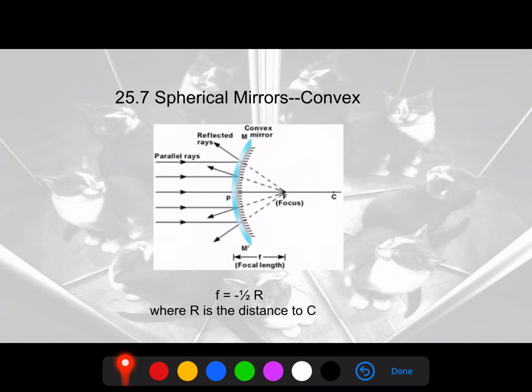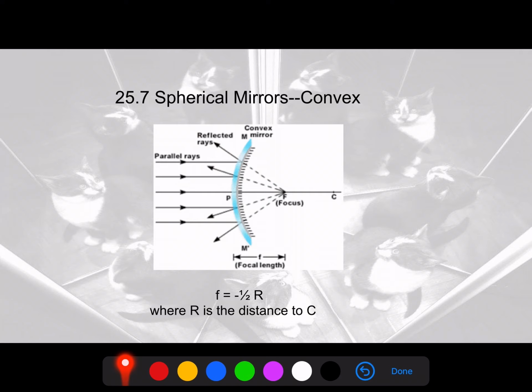Now what about a convex mirror? If I do the same thing and I have these parallel rays coming in and being reflected back off as per the law of reflection, again, if I draw a little tangent here and a normal to that, and I use the incident angle equal to the reflected angle, then I do that all the way around just as I did for the concave mirror, I will find that these reflected rays are not going to be able to converge at all. They're going off in very different directions.